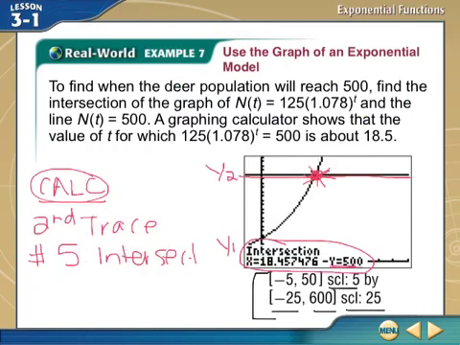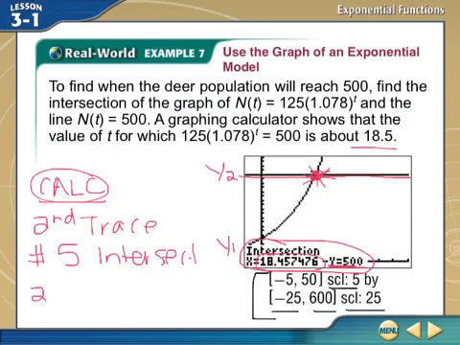Now, our population here is 500, approximately 18 and a half years after 2000. So if we want to figure out in what year this would happen, it would probably be sometime in the year 2018.